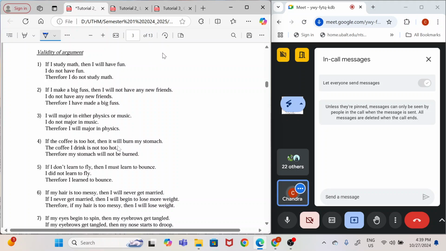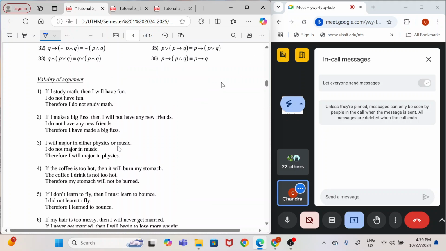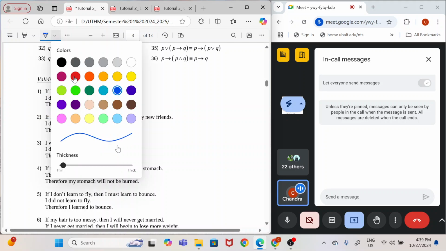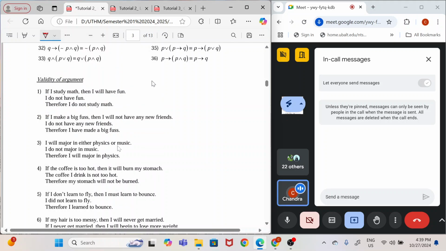In this case, first one. First you denote the P with study maths, Q with have fun.